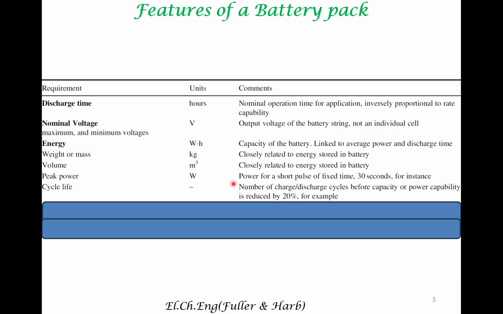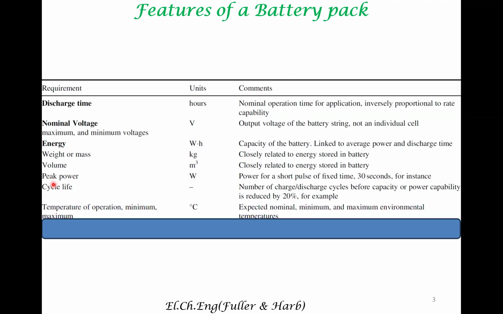So the number of cycles a battery can be operated before certain features decrease by about 20%, for example, is an important specification. You may have, let's say, 500 cycles, or even 5,000 cycles. So this is an important specification of a battery.